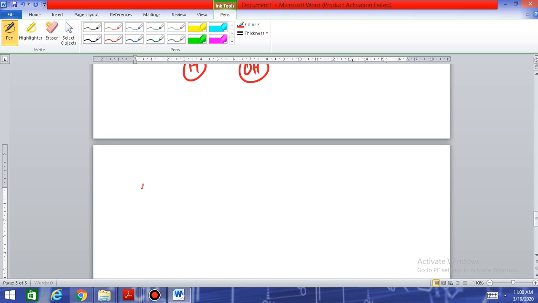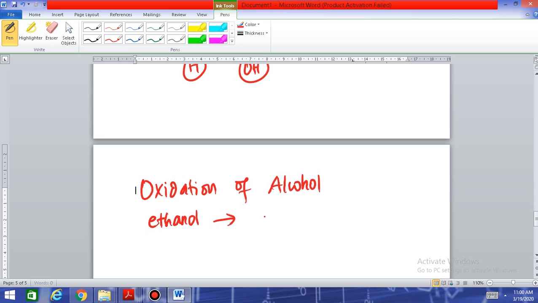Okay, next, about oxidation of alcohol. The primary alcohol, for example ethanol, can be oxidized into carboxylic acid, ethanoic acid.